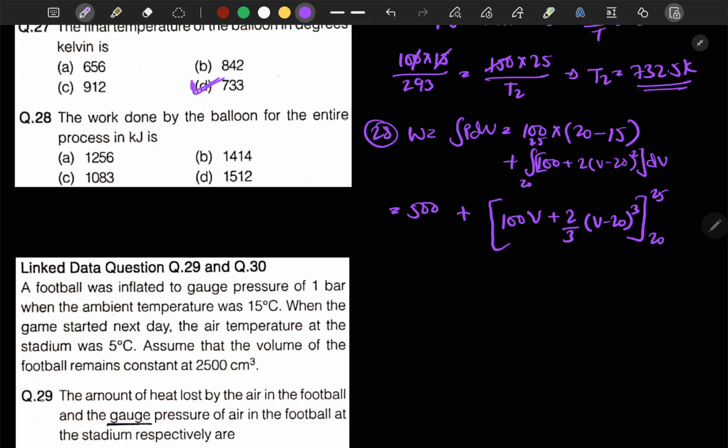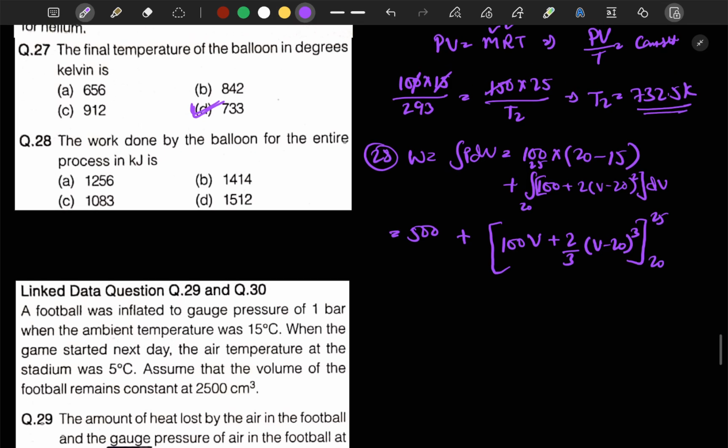Now when we calculate the values, at 25 it is 5 cube minus 0, into 2 divided by 3, plus 1000. So the work done will be 1083 kilojoule. Okay, so option C is correct.